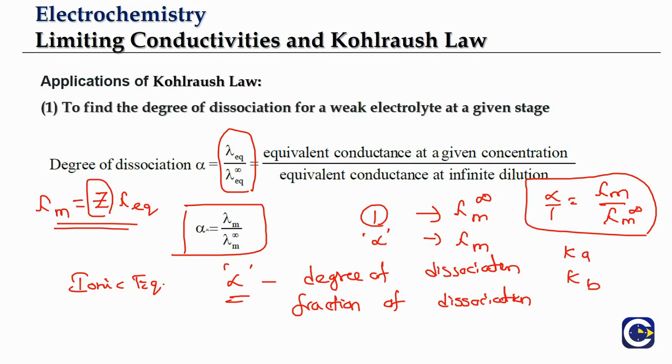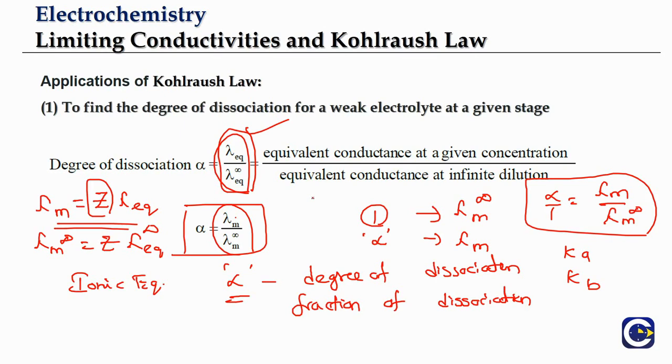So if we are saying alpha is lambda m by lambda m infinity, alpha will also be equal to lambda equivalent by lambda equivalent infinity, because lambda m infinity is equal to Z into lambda equivalent infinity. If we take a ratio, it should be equal to the ratio of the equivalent conductivities. If we take the ratio of the equivalent conductivity at a given stage divided by the equivalent conductivity at infinite dilution, that gives us the value of the degree of dissociation at that stage.